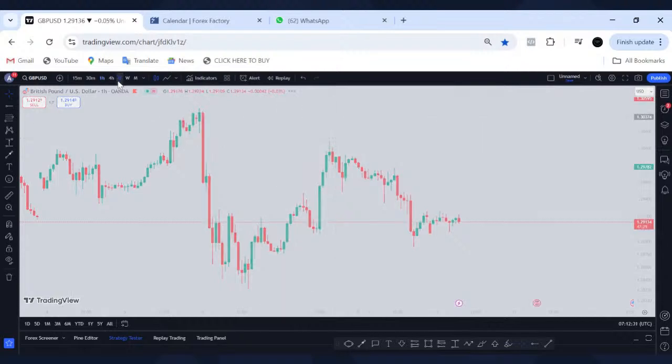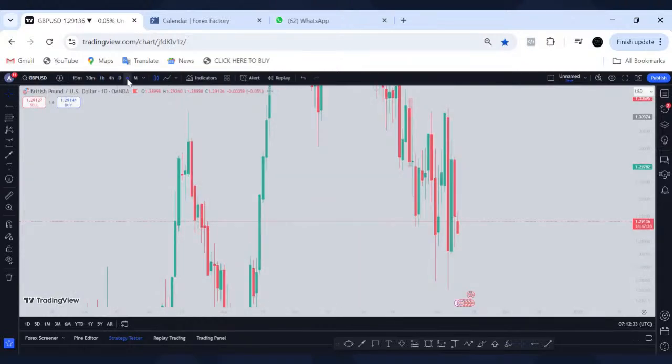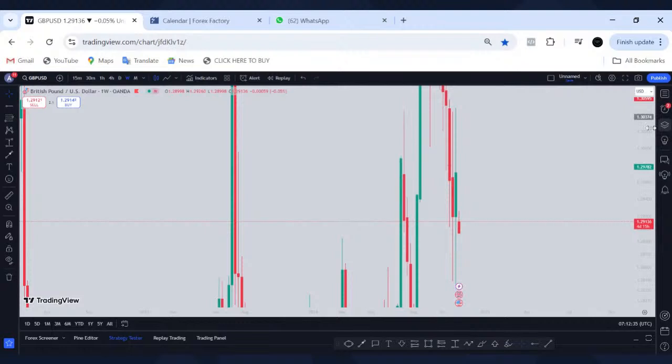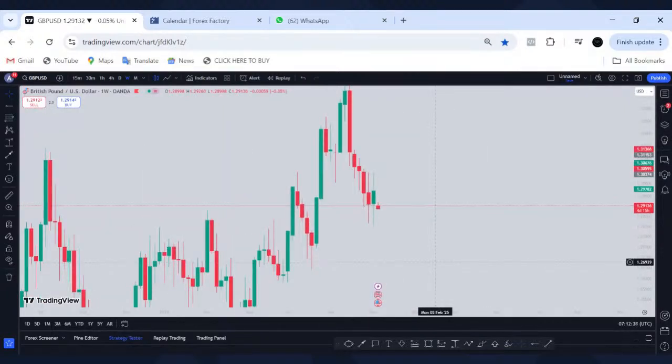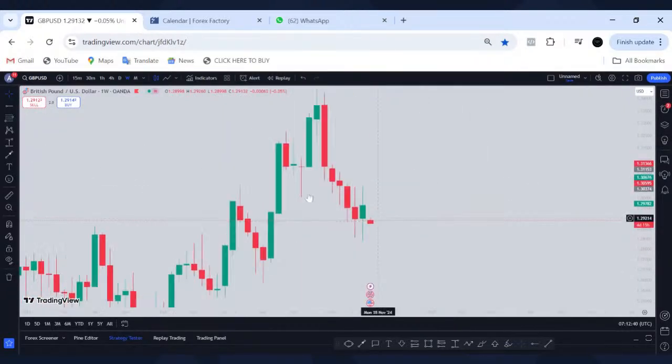It's still consolidating. So moving to GBP USD, coming to the weekly time frame.